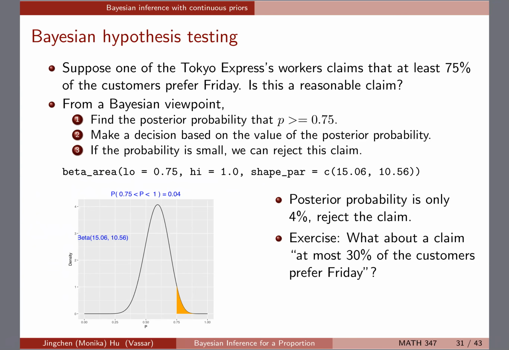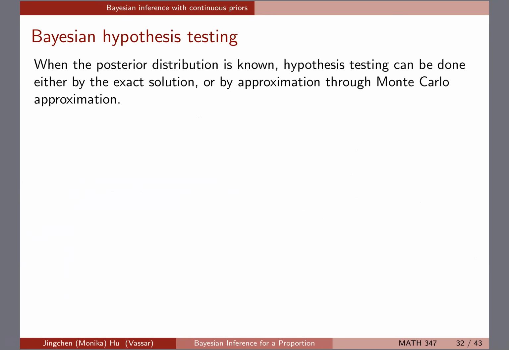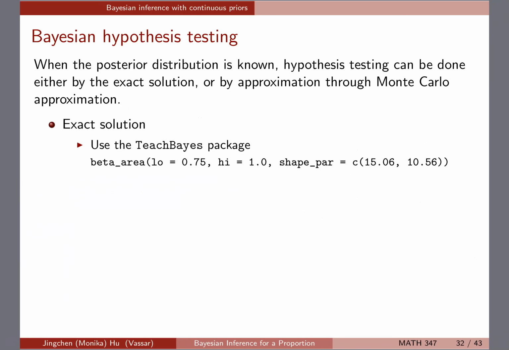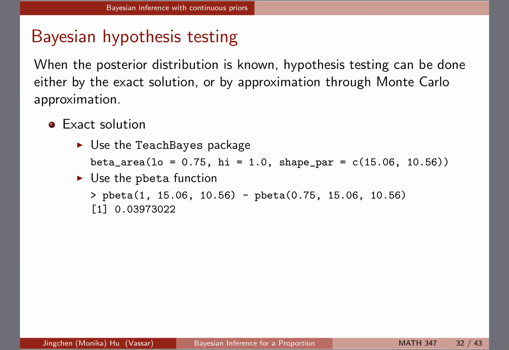In addition to beta_area from the TeachBase package, we can also use the pbeta function. As you can see, it's slightly simpler. You input the high, like earlier, and then this number is the low.